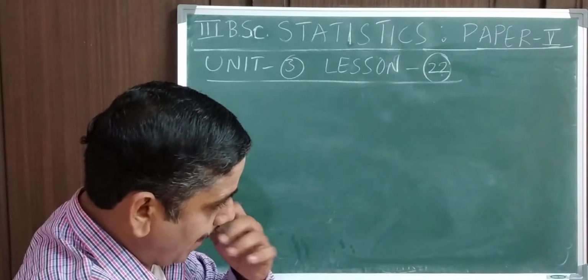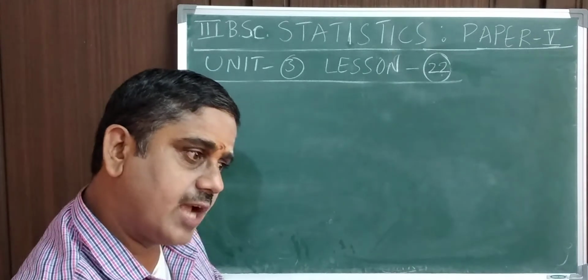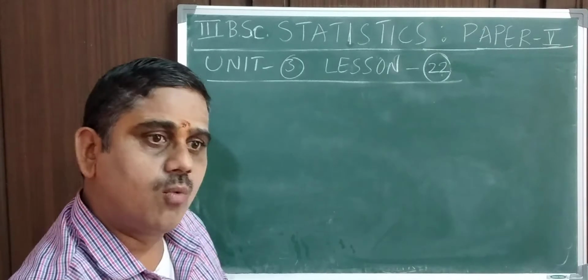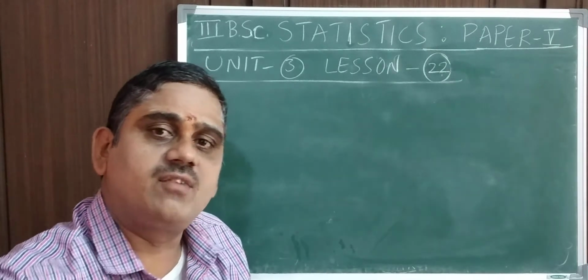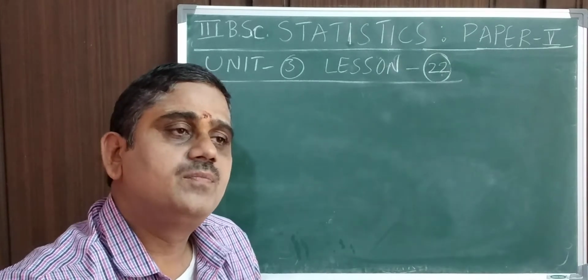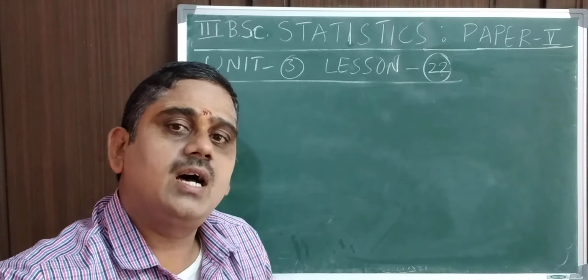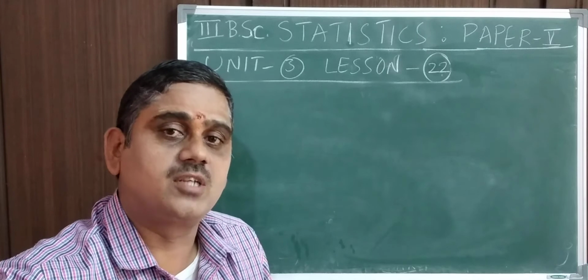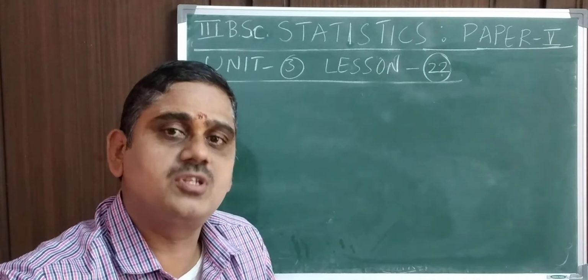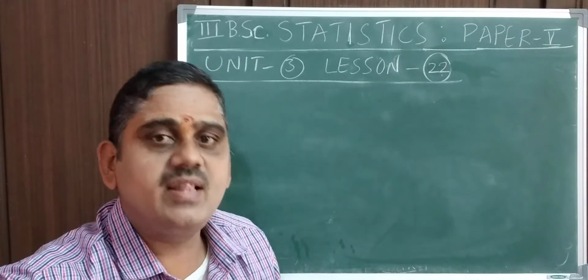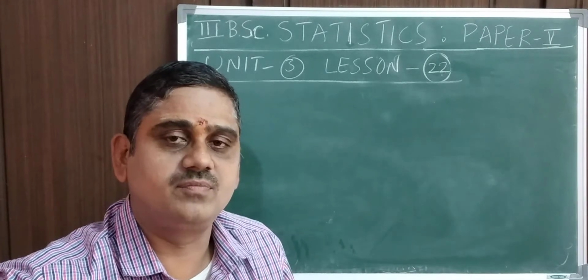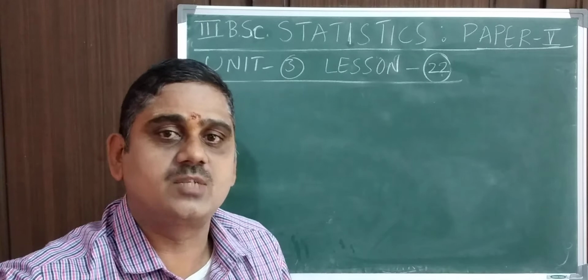In another fashion I also explained the similarity of the groups. What is the basic definition of stratified random sampling? Within the subgroup, within the stratum, the units should be as homogeneous as possible. Between the strata, from one stratum to another stratum, as heterogeneous as possible.